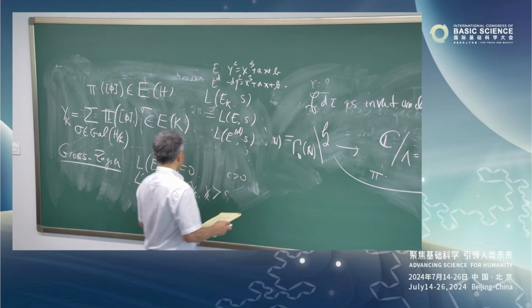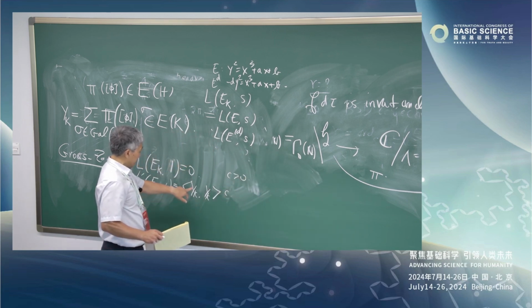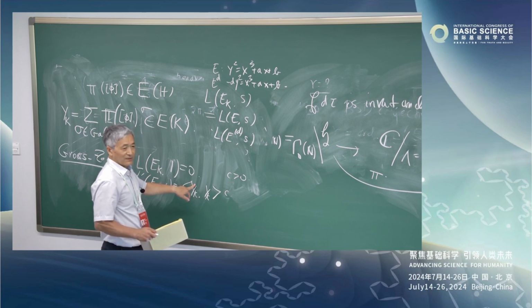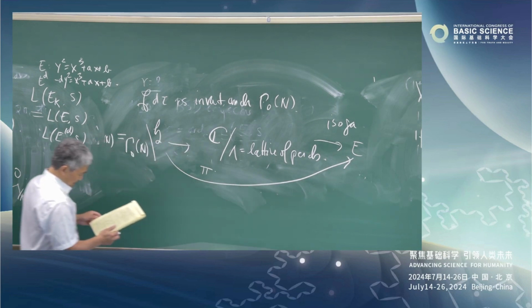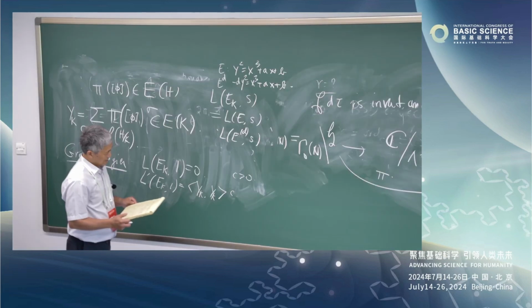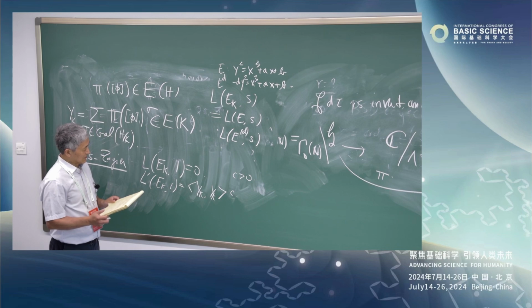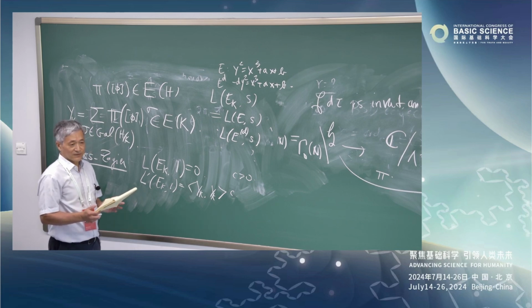Kolyvagin's theorem just says if the Heegner point y_K is non-vanishing, then your elliptic curve has rank one, generated by this point. And then the recent one: Chris Skinner, Wei Zhang, and Ye Tian proved the converse theorem.